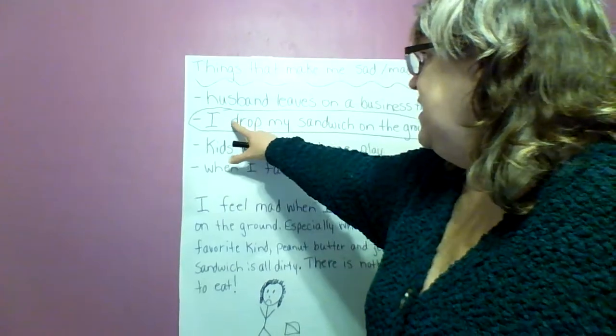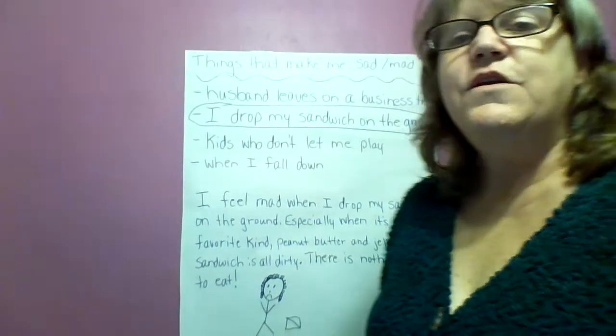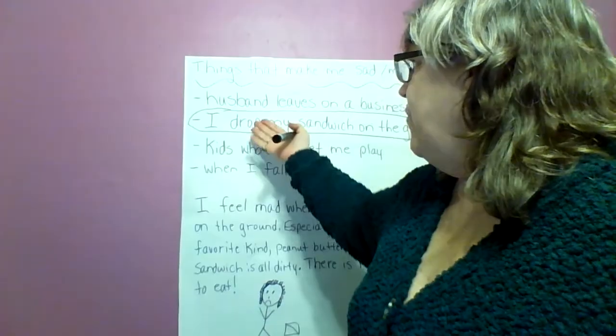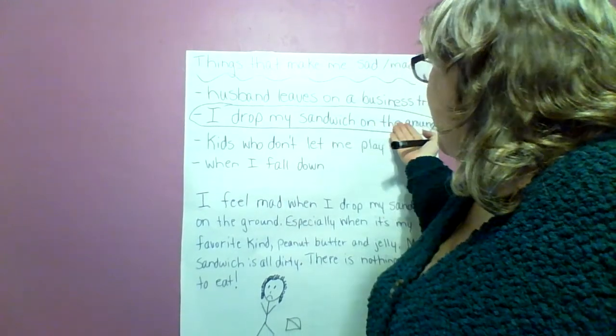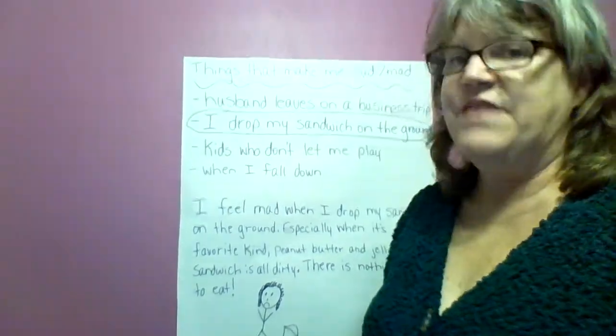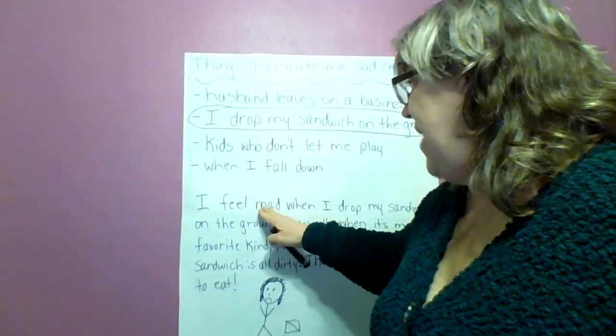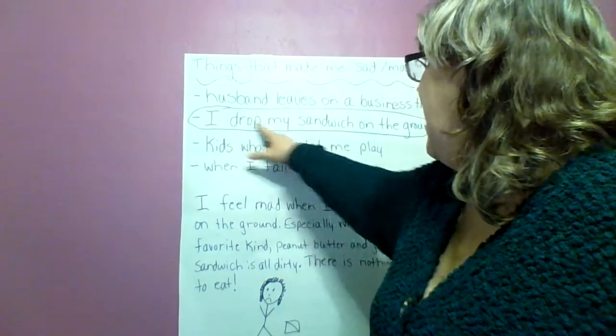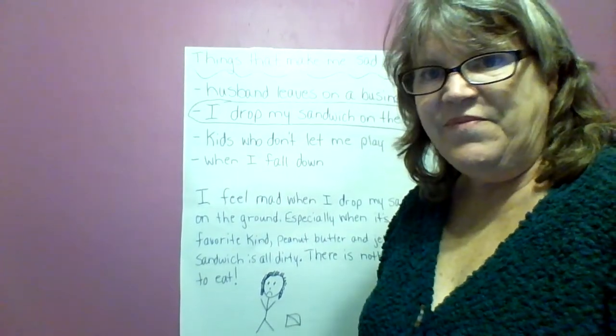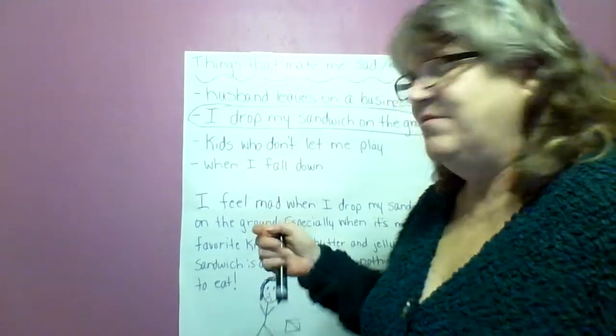Start with a sentence that explains your choice. So my choice was I dropped my sandwich on the ground. That's something that makes me sad or mad. So my beginning sentence was, I feel mad when I drop my sandwich on the ground. And then I added to that, okay?